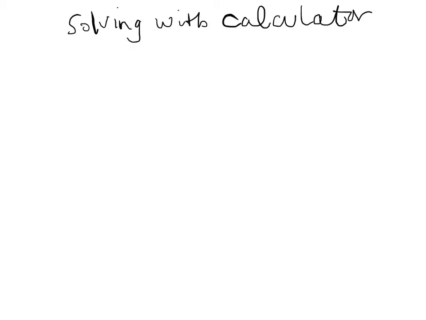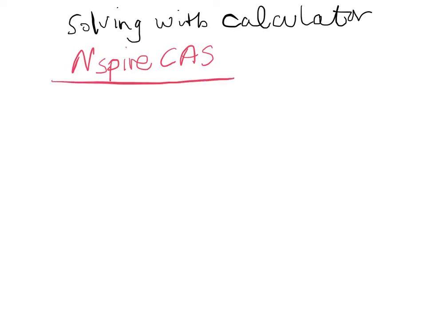In this case, we'll look at how we can solve a trig equation by using a calculator, which, as long as you know how to use the calculator, is a piece of cake. The calculator that students at Northfield Mount Hermon use is a fairly new machine. It's the Inspire CAS, Computer Algebra System. And that really does make a lot of things that we used to struggle to do by hand a piece of cake. So let's look at an example.